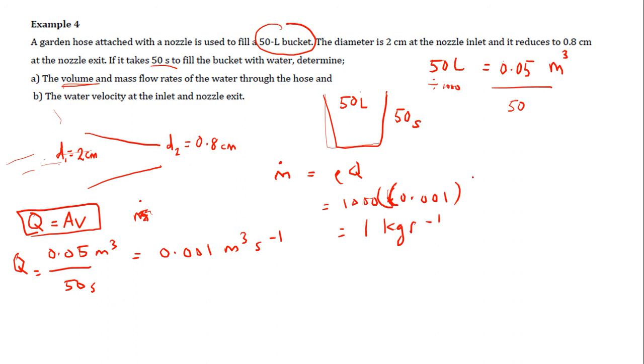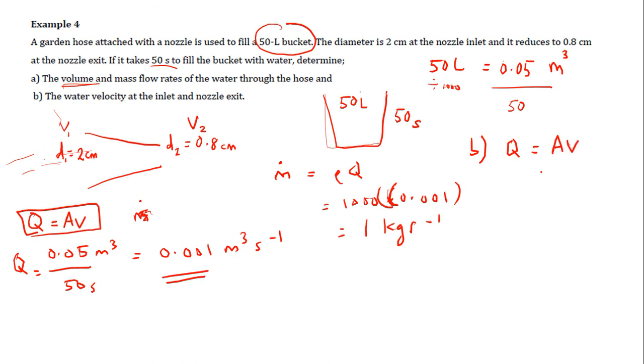Okay, good. And number 2, the water velocity at the inlet and the nozzle exit. So they ask you to find V1 and V2. Q equals AV. Good. So you have all the Q here.